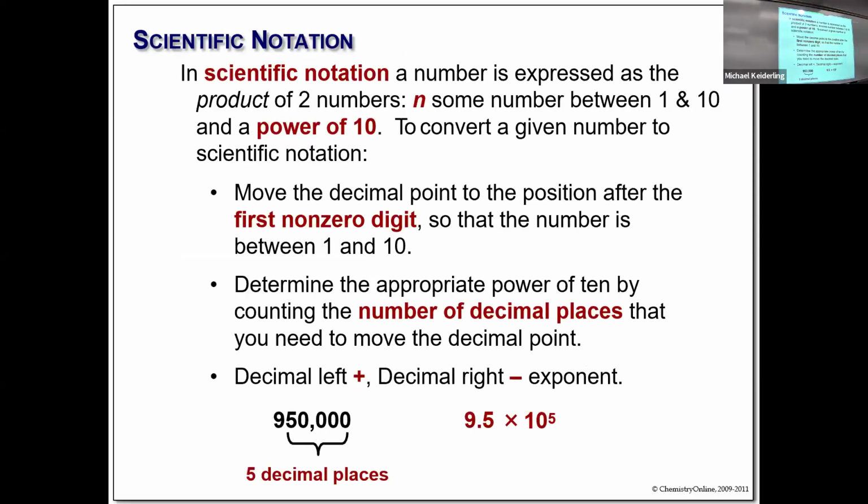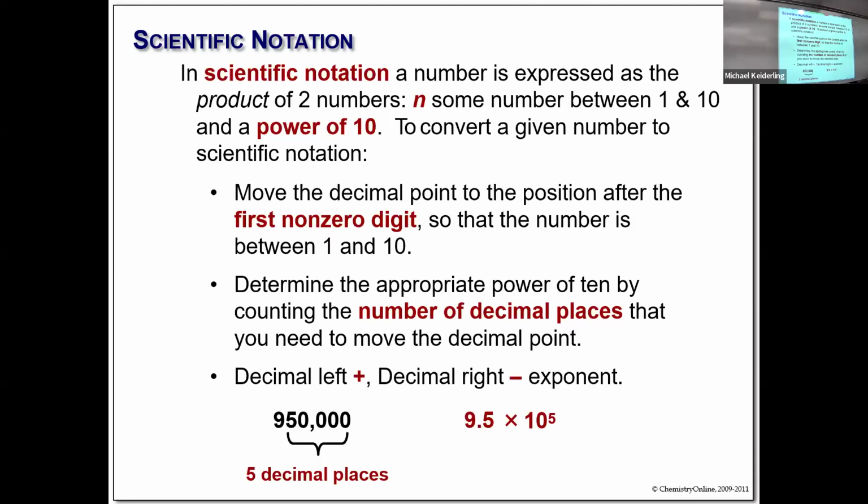So we were discussing scientific notation. In scientific notation, we have a number expressed as the product of two numbers, where we have some small number between 1 and 10, like 2.75, times a power of 10.